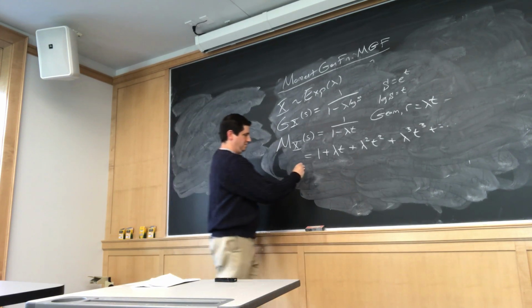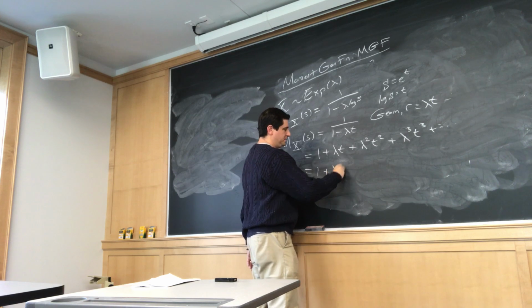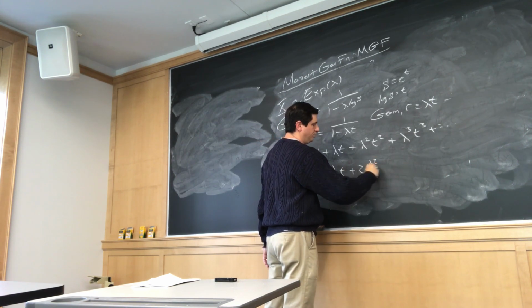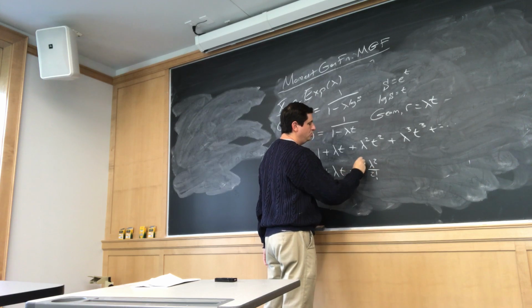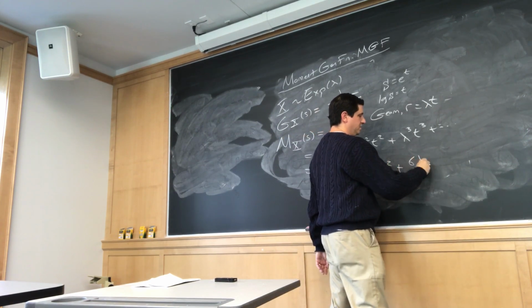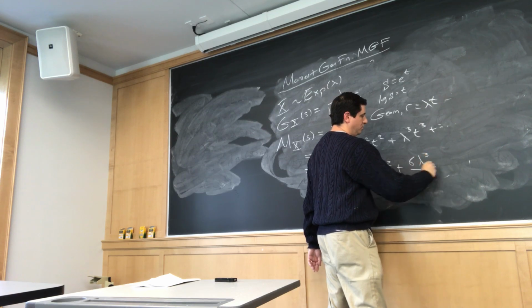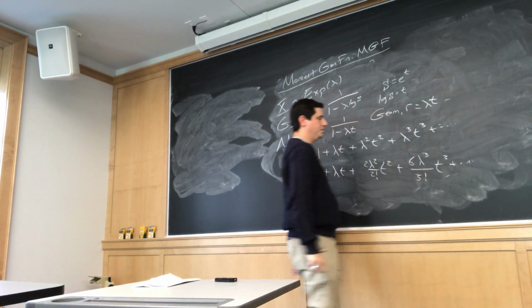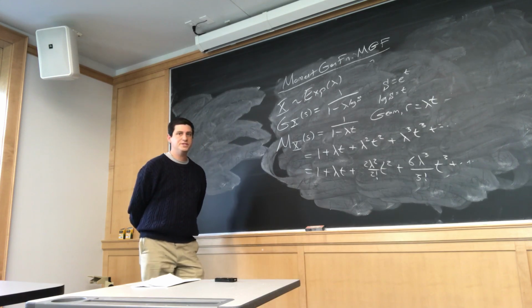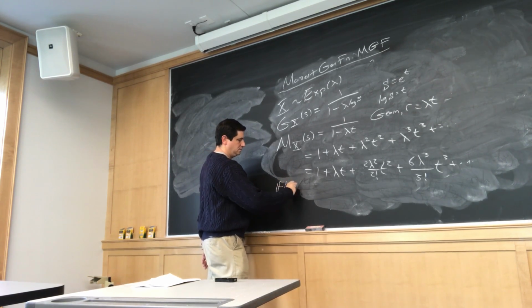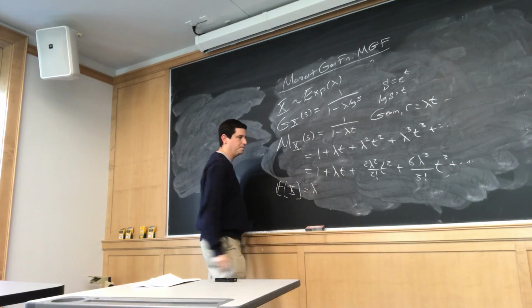Fine. 1 plus lambda t plus 2 lambda squared over 2 factorial t squared plus 6 lambda cubed over 3 factorial t cubed plus dot dot dot. And now it's set up so I can immediately conclude that the expected value of X is just lambda.